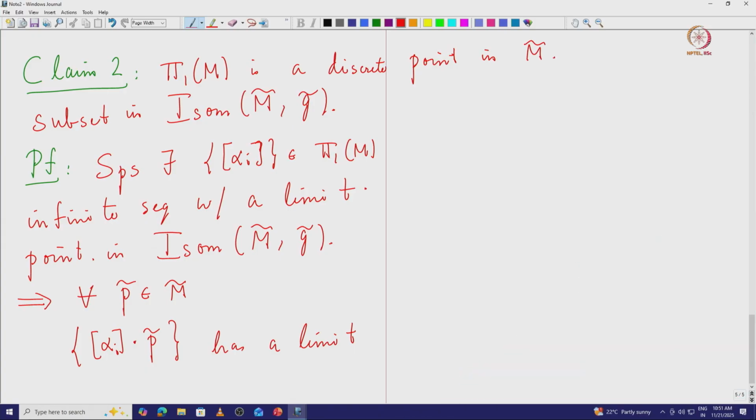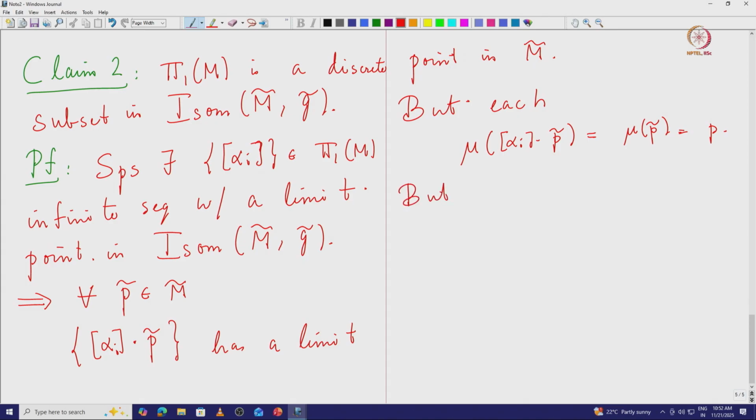But if you take the image of each of these points under mu, that's basically just mu of p tilde, which is fixed, which is p.